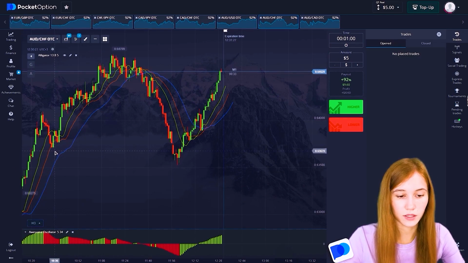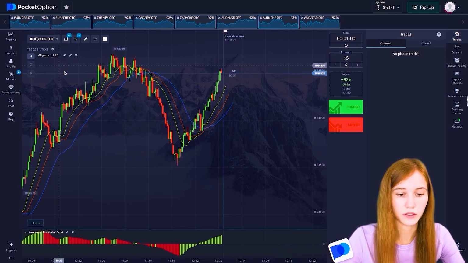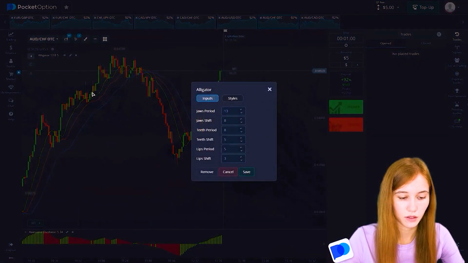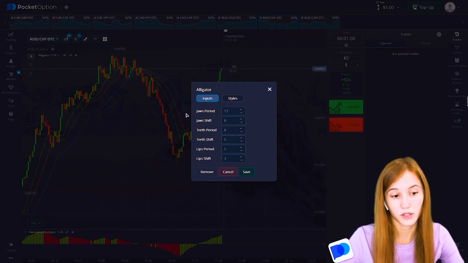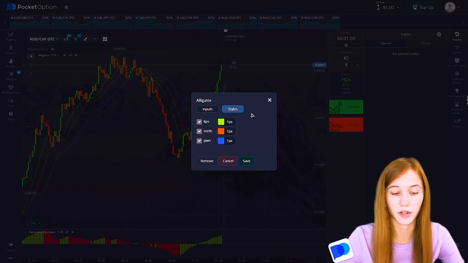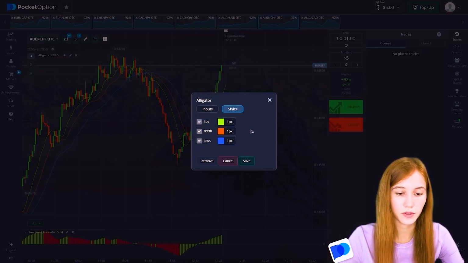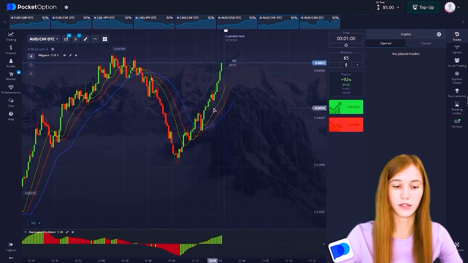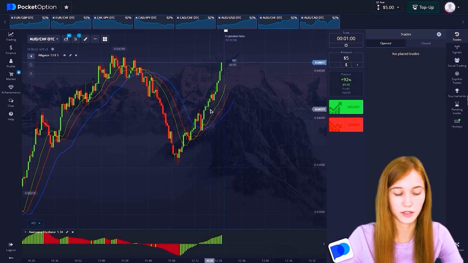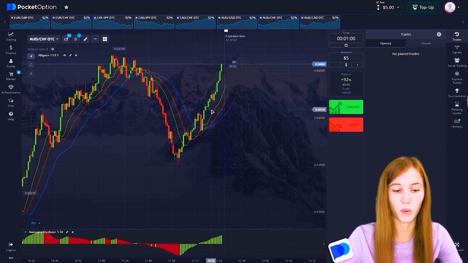So let's talk a little about indicators. The first one is the Alligator, located on our chart. Its parameters and values are here, but the standard settings are suitable for most time frames. Also, don't be afraid to play with the values. The Alligator is located on the chart and it reflects the state of the market at each moment in time.